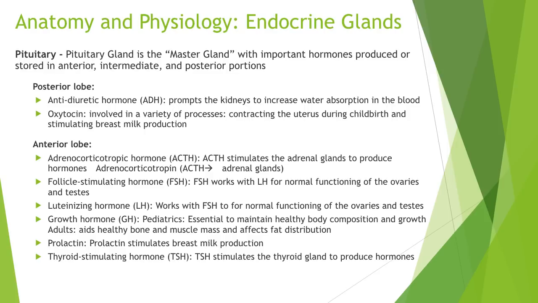We also have our sex hormones, or the hormones that will help affect the different sexes, such as follicle stimulating hormone and luteinizing hormone. And again, you can have growth hormone, which helps regulate body production. In adults, it'll affect bone density and muscle mass, as well as fat distribution. The anterior lobe also has the effect on thyroid stimulating hormone, which we'll talk about in more detail.